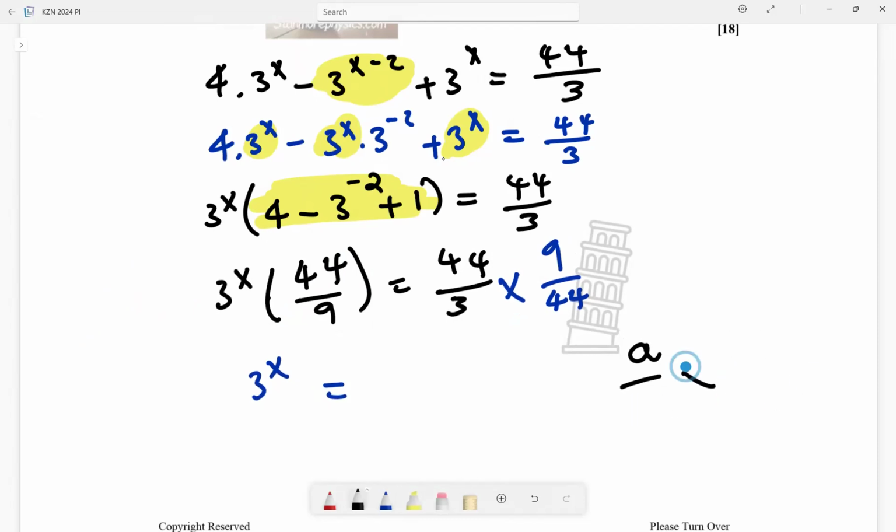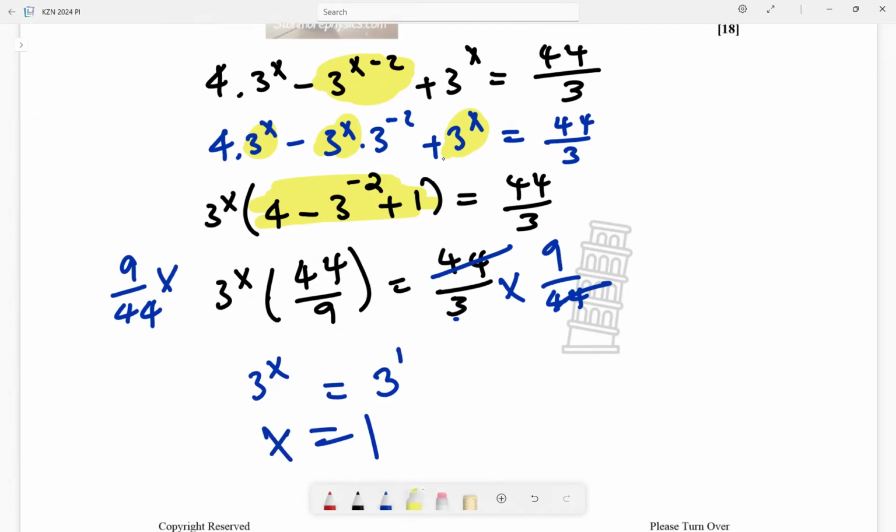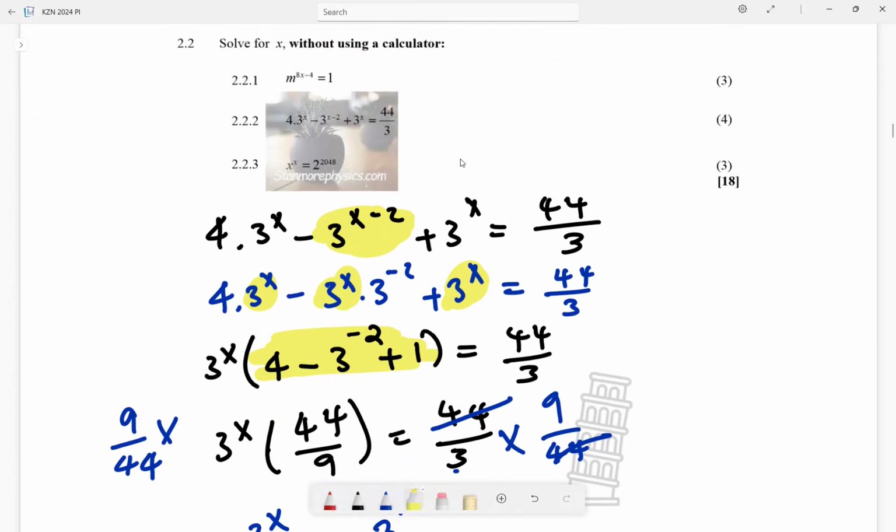What you do on your left, you have to do on your right. Then can you see that 44 and 44 cancel, then 9 divided by 3 is 3. Then 3 to the power of x is equal to 3 to the power of 1. Just like that.